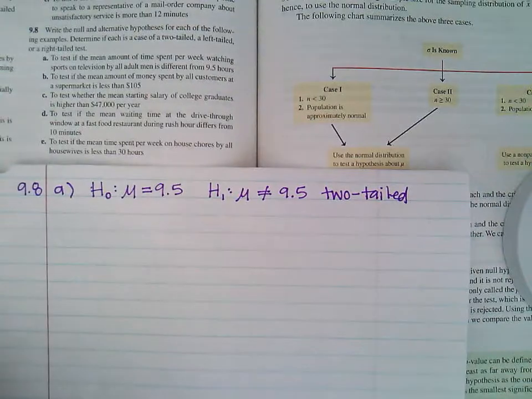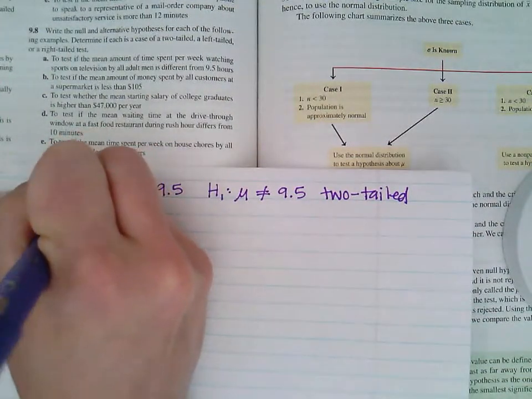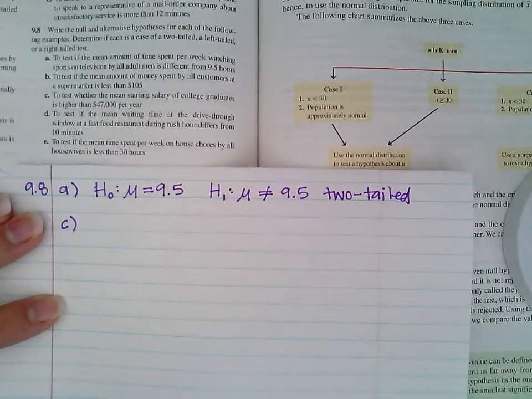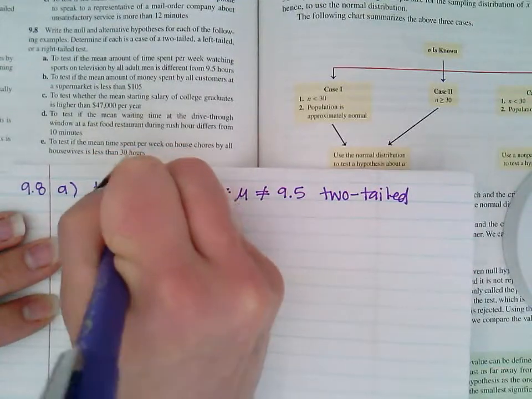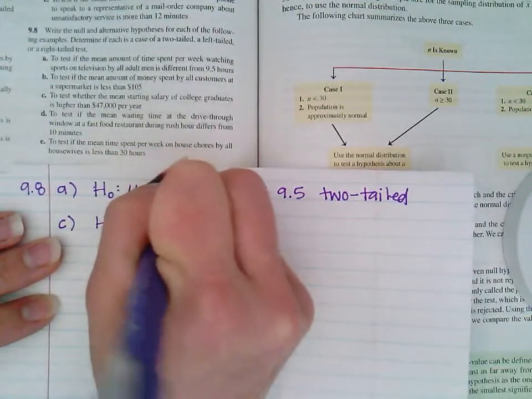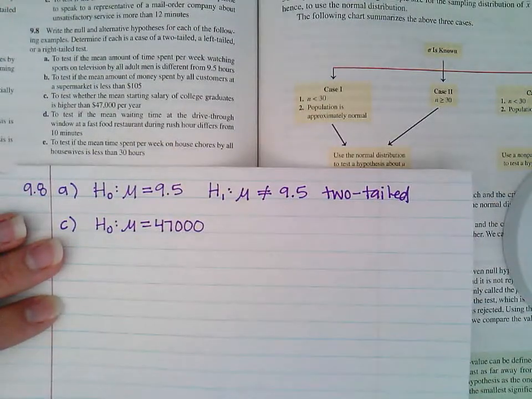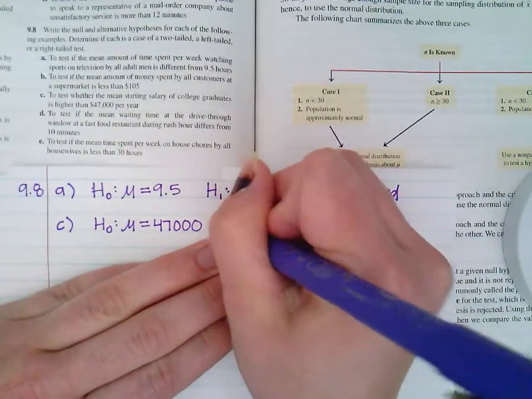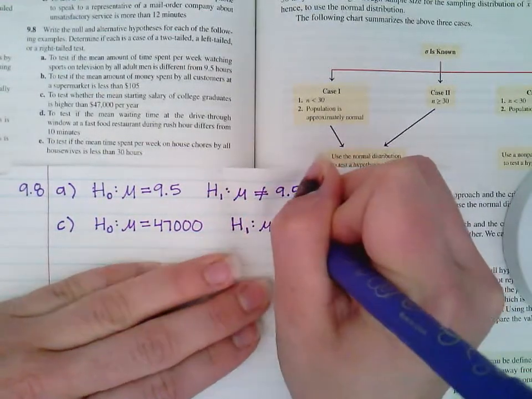Versus something like C, to test whether the mean starting salary of college graduates is higher than $47,000 a year. So I would say the center of my distribution, where I'm going to set my H0, is 47,000. And then I want to test whether I have significant evidence that it's actually higher. So H1 would be that mu is actually higher.